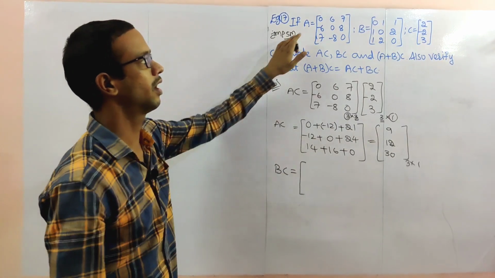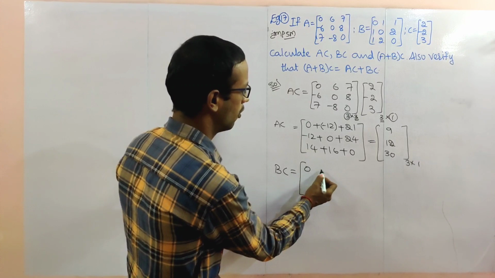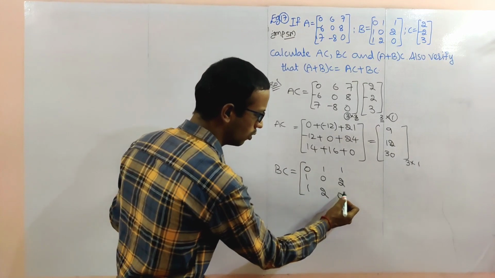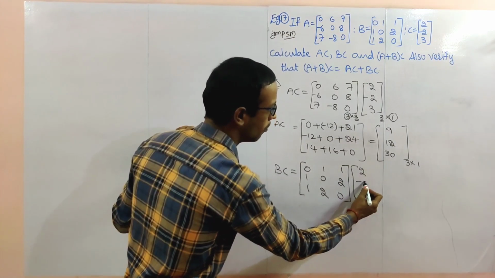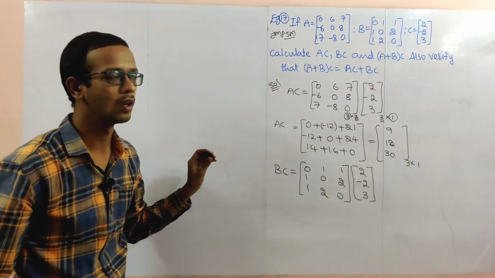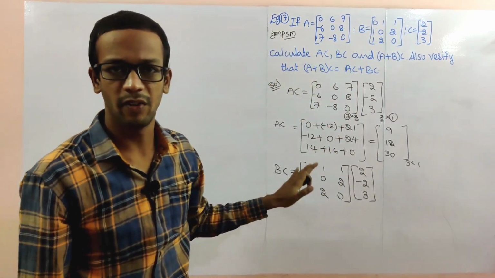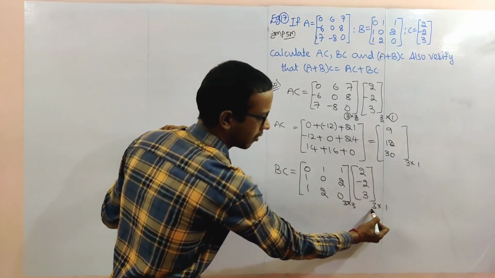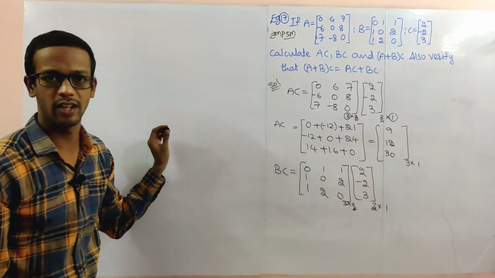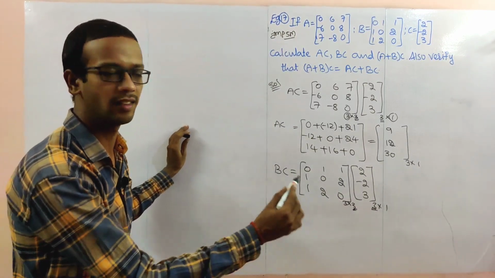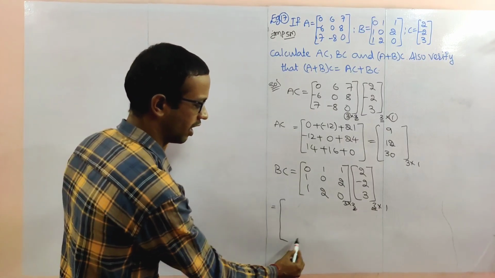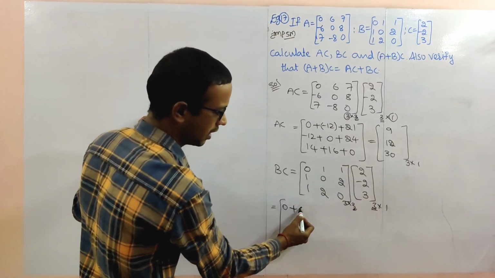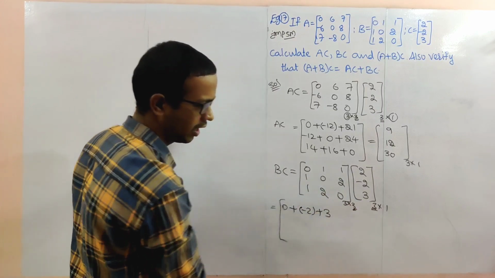Next, BC. What is the B matrix here? B matrix we have to write: 0, 1, 1, 1, 0, 2, 1, 2, 0. C matrix is 2, minus 2 and 3. Now make the simplification. Same method: 3 by 3 matrix, 3 by 1 matrix. 3 columns and 3 rows are there, so multiplication exists, and the result is a 3 by 1 matrix. 0 into 2 is 0 plus 1 into minus 2 is minus 2 plus 1 into 3 is 3.